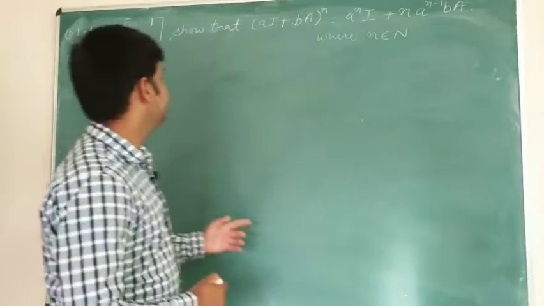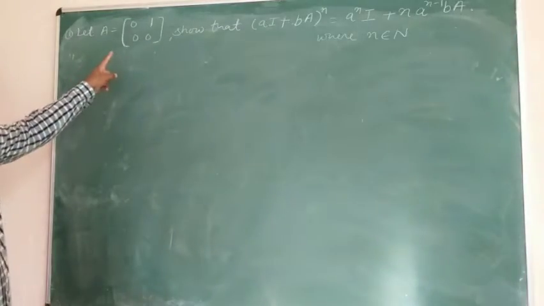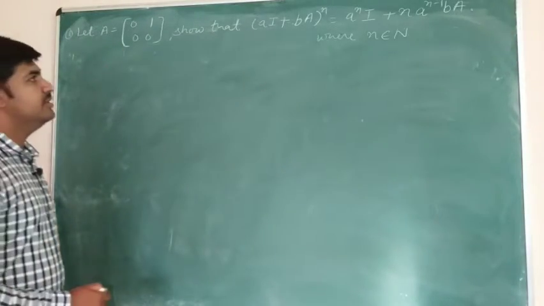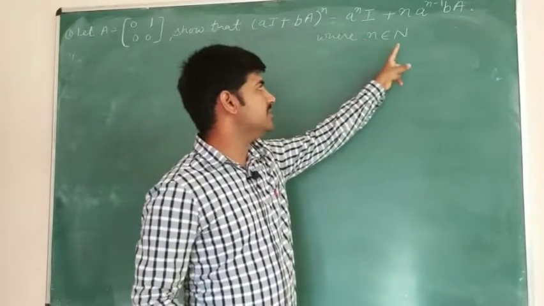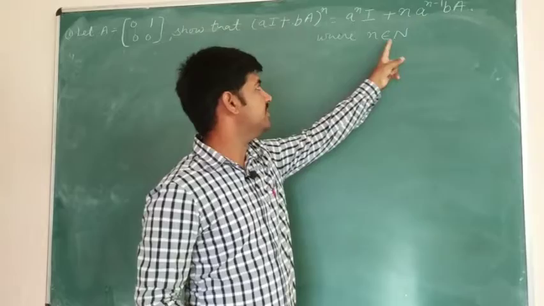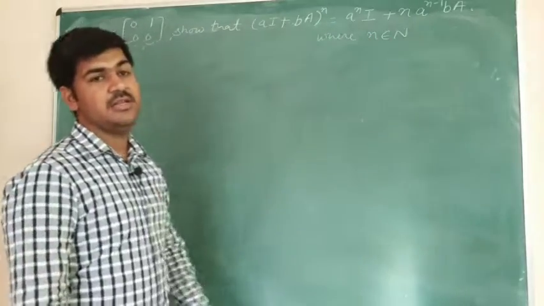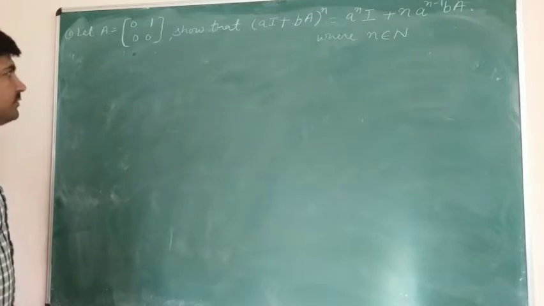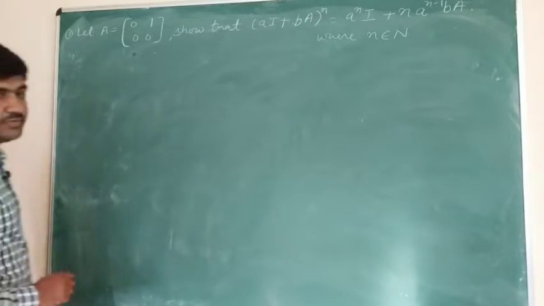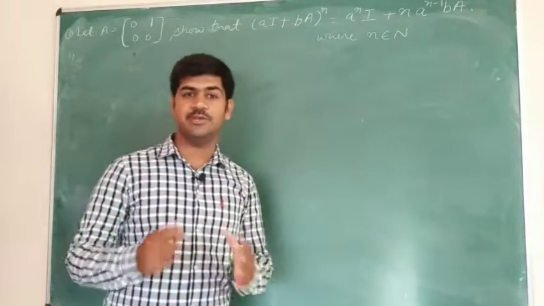For a matrix A equal to this, show that this is equal to this, where n belongs to the set of natural numbers and I is an identity matrix of the same order 2. To show this, students will be using the principle of mathematical induction.